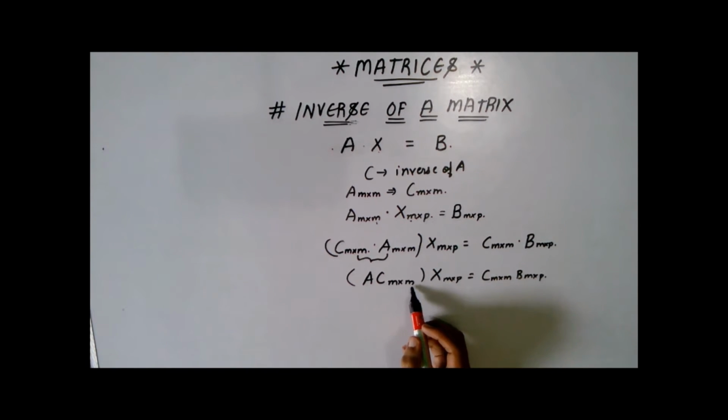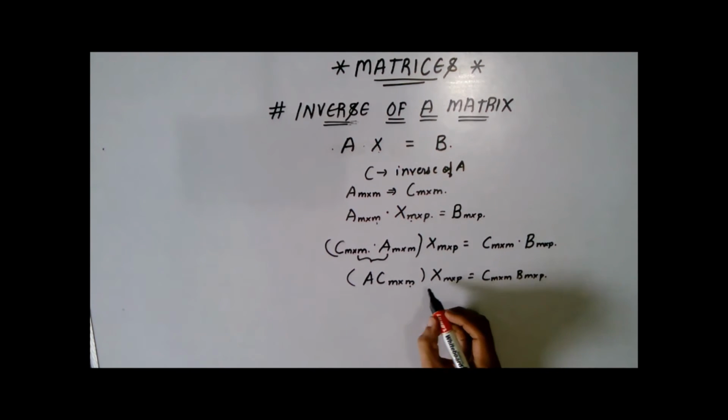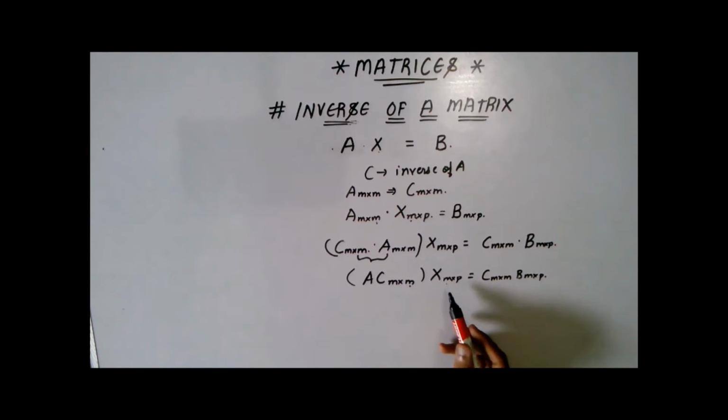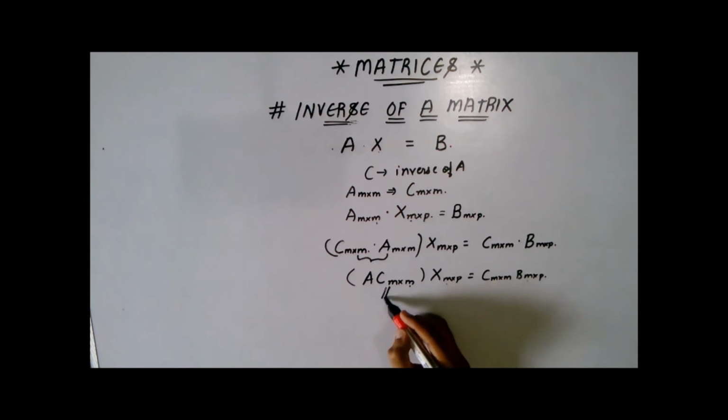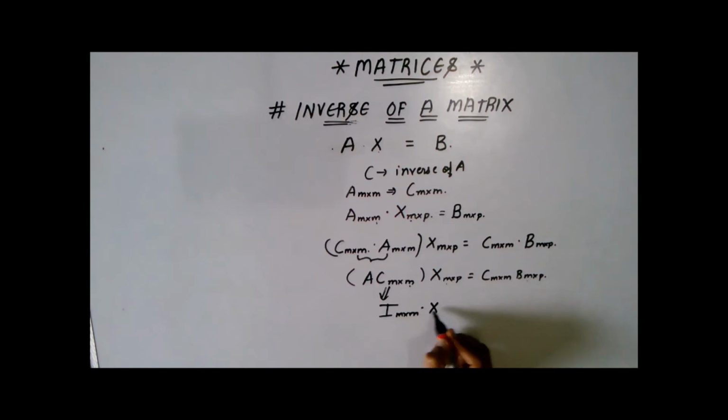In this case, the matrix multiplication on both the sides is valid, since the number of columns in AC matrix is equal to number of rows in X matrix, and number of columns in C matrix is equal to number of rows in B matrix. This AC matrix is subsequently reduced to identity matrix of order m by m, and identity matrix into any matrix is always equal to the same matrix.